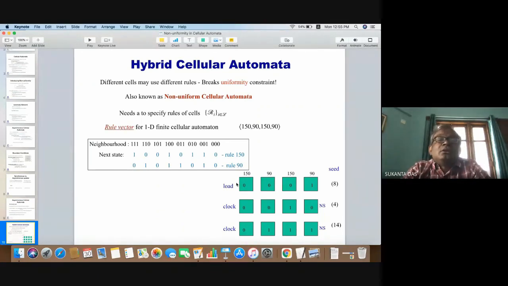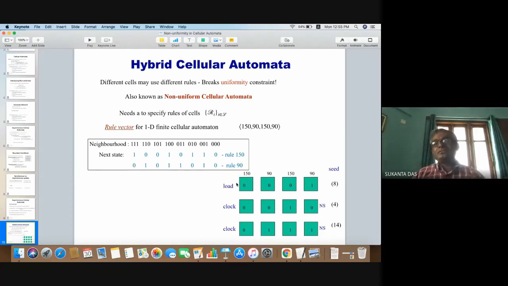So, to sum up, we started with the three uniformity constraints of cellular automata, and we relaxed all the constraints. By relaxing the uniform neighborhood constraint, we get automata networks.